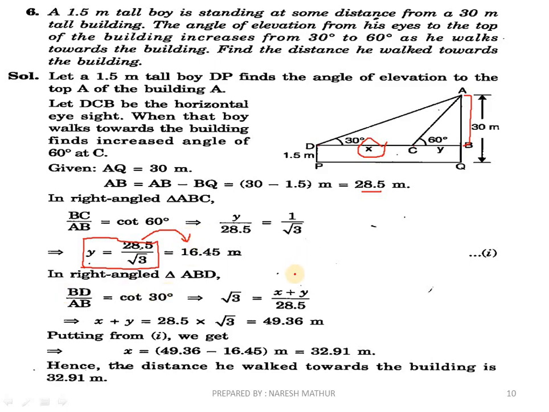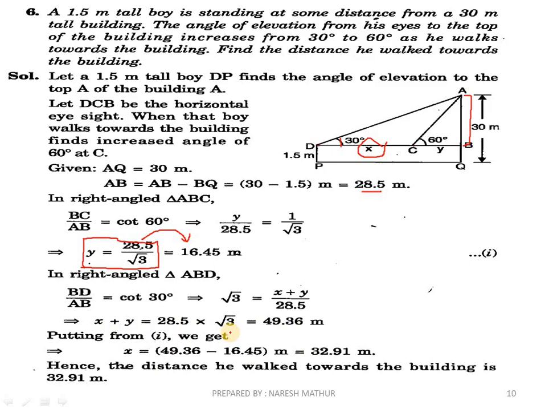Okay. Now in triangle ABD, the angle is given as 30 degree, base would be x plus y and height will be 28.5. So cot 30 equals base upon perpendicular, so x plus y upon 28.5. After solving it, we get x plus y equals 28.5 root 3.